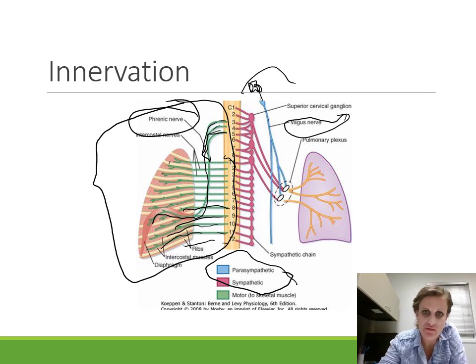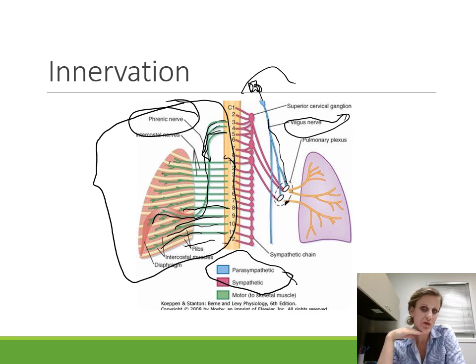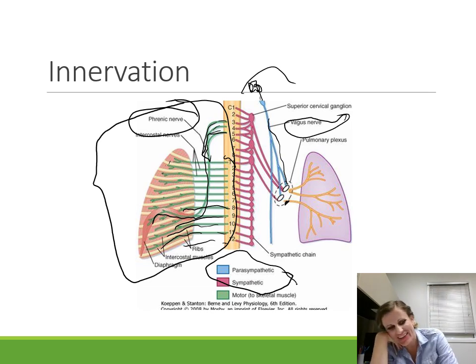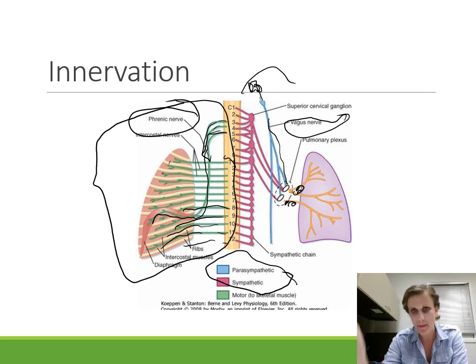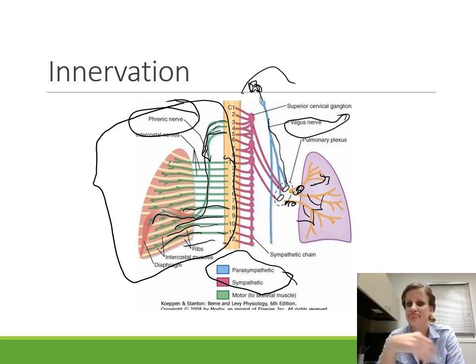The fibers come down via the vagus nerve, and they're going to synapse closer to the target cell, right, in the bronchial or pulmonary plexus. So they synapse in the pulmonary plexus that follows all along the bronchial tree, and then ultimately send to effectors, right, that include bronchial smooth muscle, vascular smooth muscle, or glands in the bronchial tree.